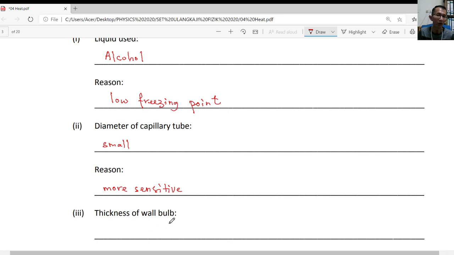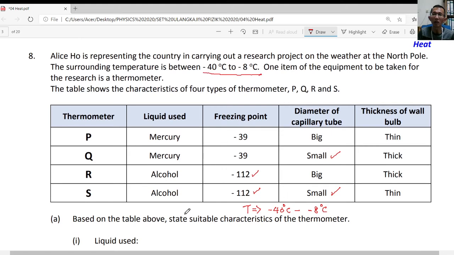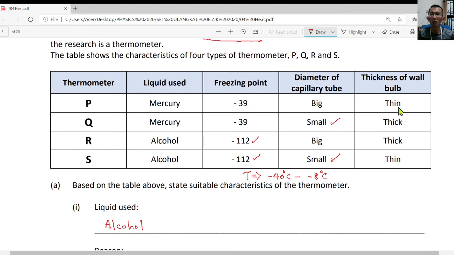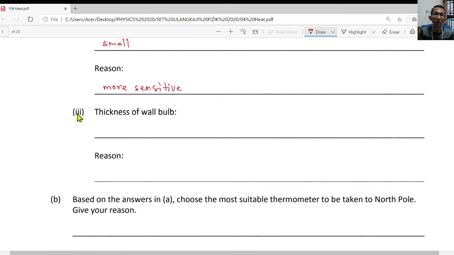And then the thickness of the wall of the bulb. Here I have two choices also, thin and thick. Which one do you choose? This is about the wall of the bulb itself. So I am going to choose thin. Alright, so let's write the answer down here. I choose thin.